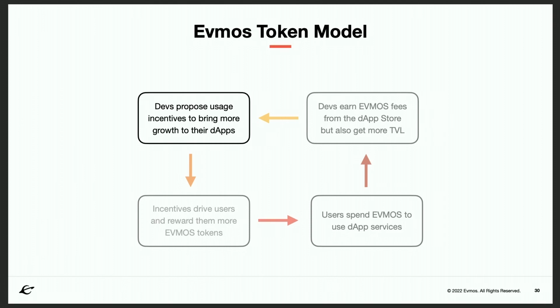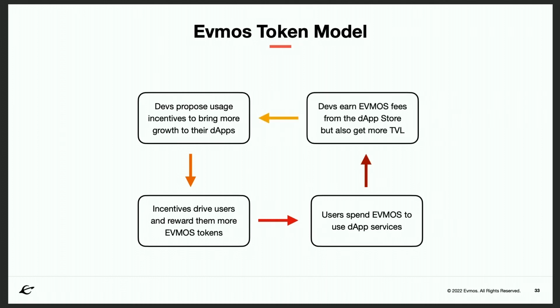So basically, just trying to summarize here, how the Evmos token works is creating positive reinforcement cycles where developers and users propose usage incentives to drive more growth to their decentralized applications. These incentives drive users and reward them with Evmos tokens. Then the users take these rewards and spend these Evmos tokens in the decentralized applications and services provided on the Evmos platform.